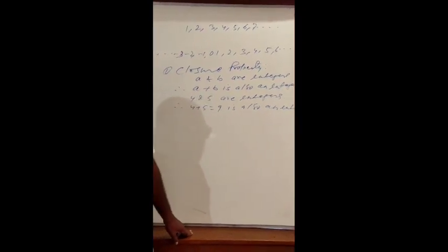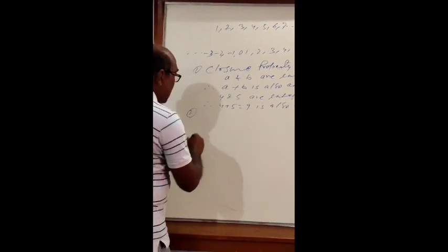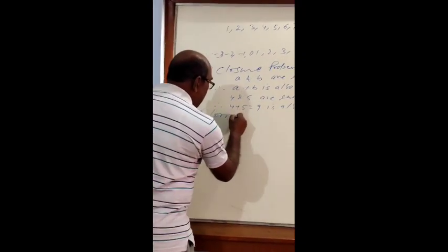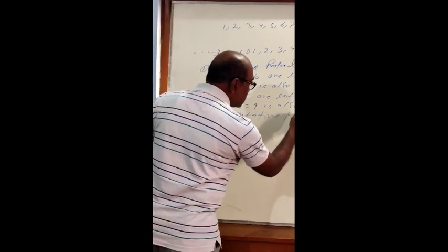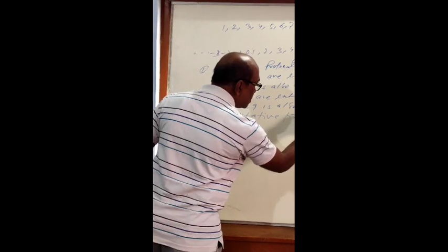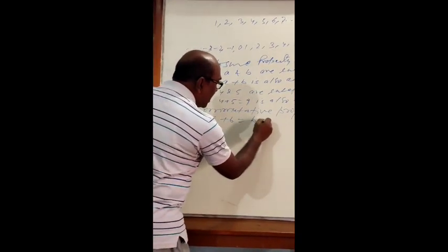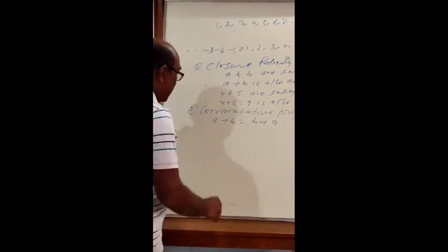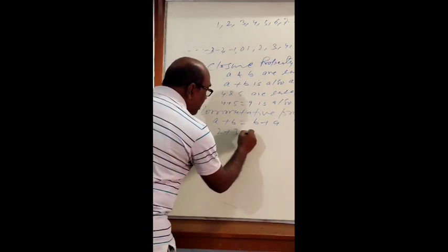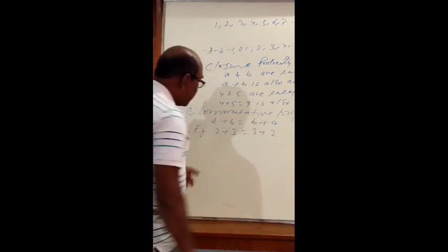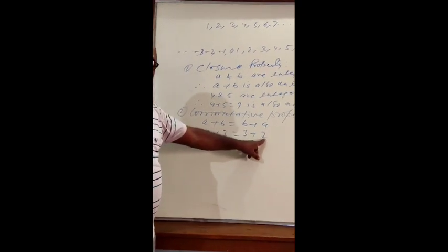Now, the second is the commutative property: A plus B is equal to B plus A. For example, 2 plus 3 is equal to 3 plus 2, since 2 plus 3 is 5 and 3 plus 2 is 5.